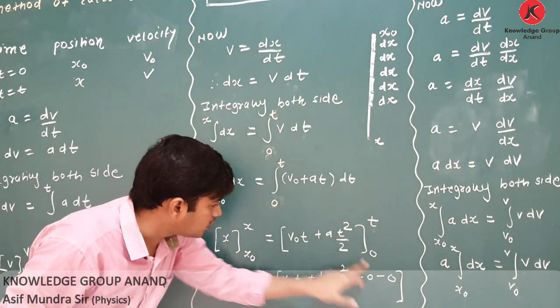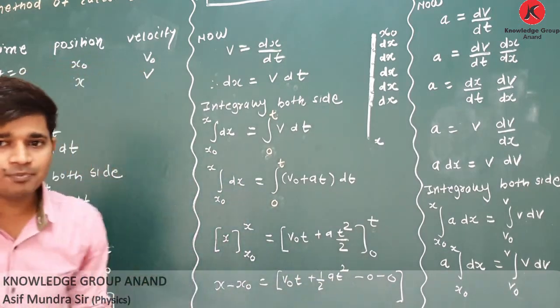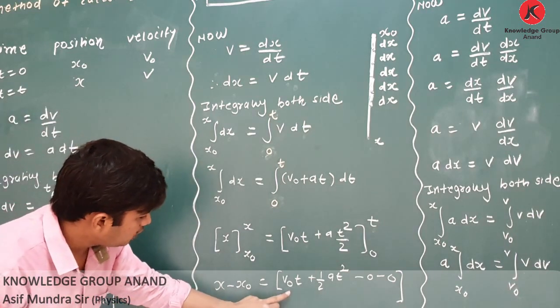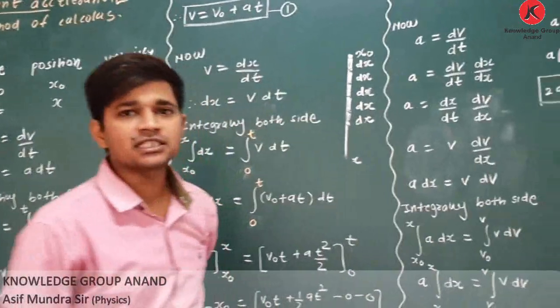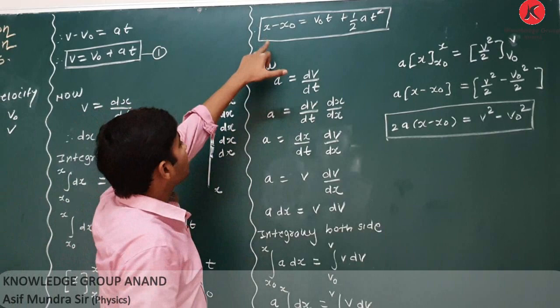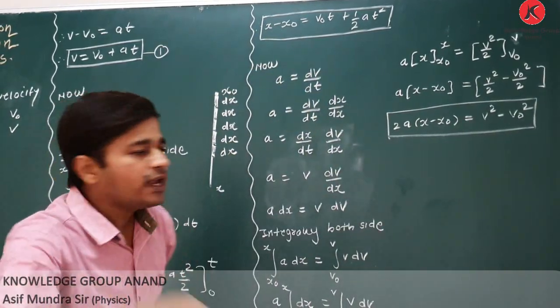If you put 0 here, what is your answer? 0. Clear? How to put limit? Upper limit minus lower limit. So x minus x0 is equal to v0t plus half at square. Clear? It is derived.